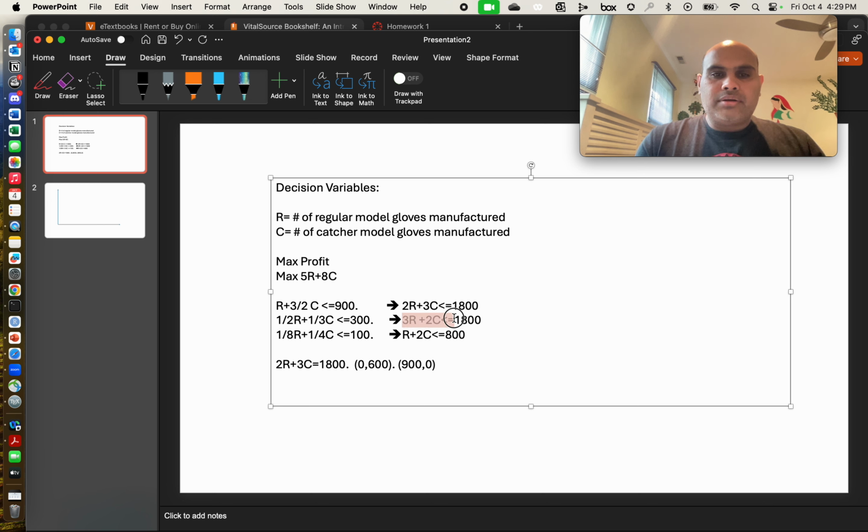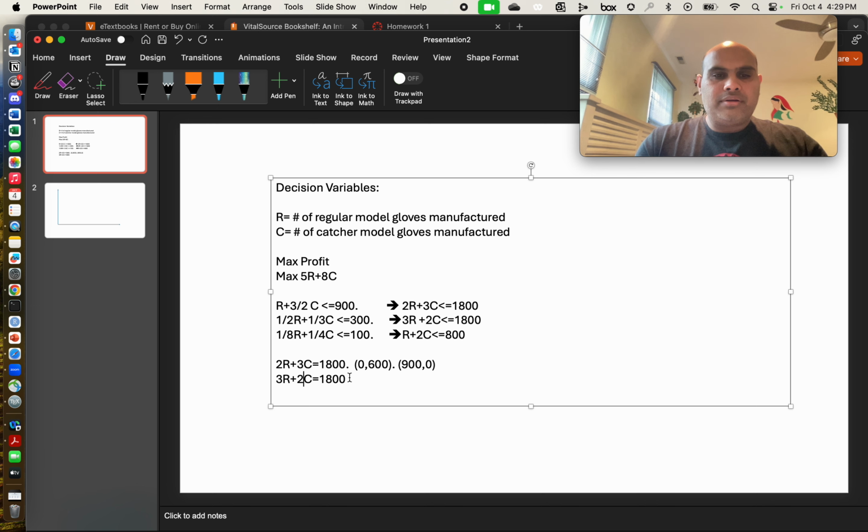Now for the other constraint, again, it'll be just flipped over, right? Because we have 3r plus 2c is 1800, so if I plug in c is 0, I get r is 600, so it'll be 600, 0 and 0, 900.